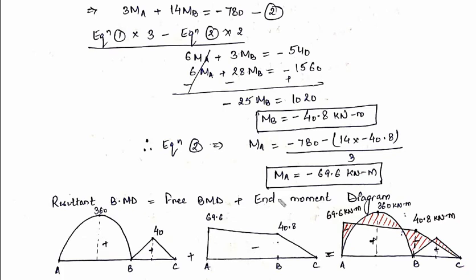So at A, the value of the bending moment is minus 69.6, so just plot a point above A, which is 69.6. The value of MB is minus 40.8, so just plot a point 40.8 above point B. The value of MC is 0. Now just join these points by a straight line. This diagram is known as the end moment diagram.